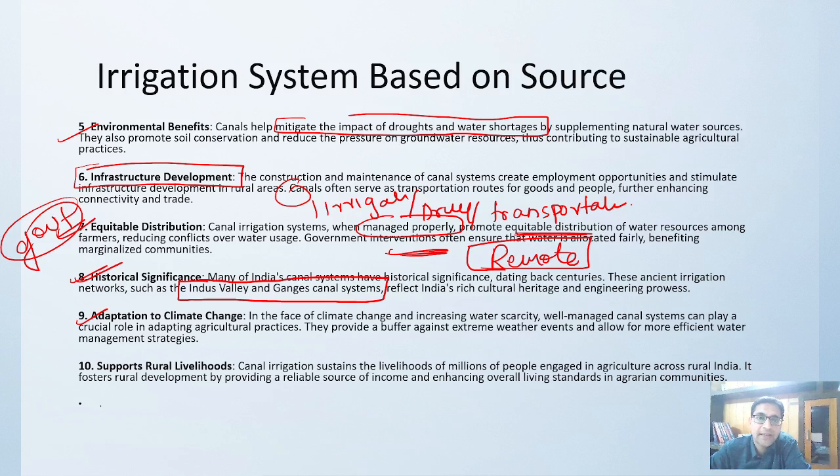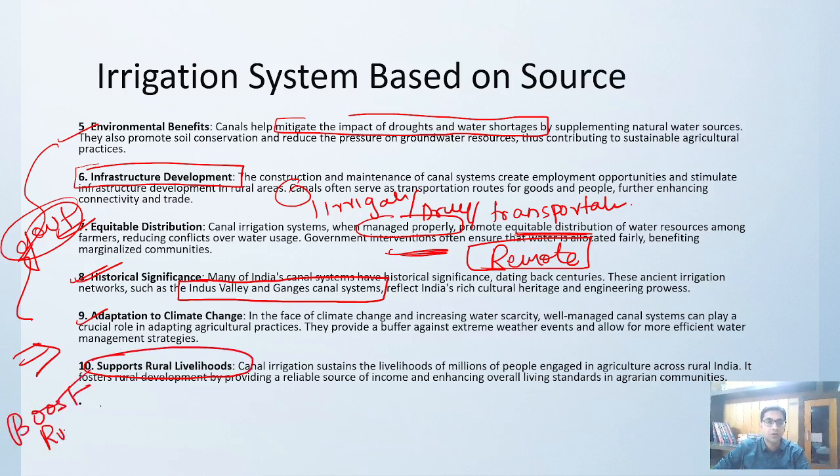So that is why the canal based irrigation system, if well managed, provides an ample amount of water, and it will act as a buffer if there is any type of extreme event that happens, and it will provide more and more efficient distribution, more and more efficient supply of water. Okay, and once all these things have been done, automatically it will support rural livelihood, and it will boost the rural economy.